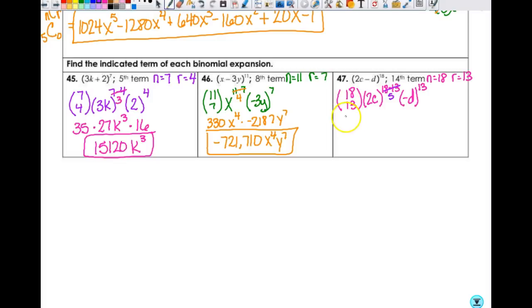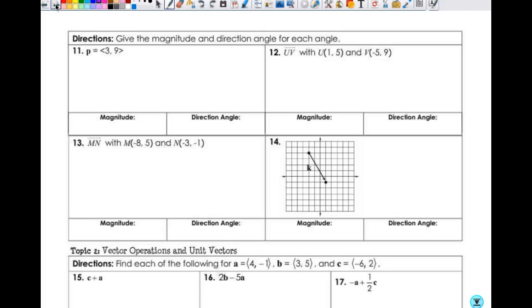I do this combination here, and I get 8,568 times 2 to the 5th is 32c to the 5th. I can't just ignore this. Negative d to the 13th power is going to be negative d to the 13th power. When I multiply all that together, that's going to give me a negative 274,176 c to the 5th, d to the 13th. Watch your signs.